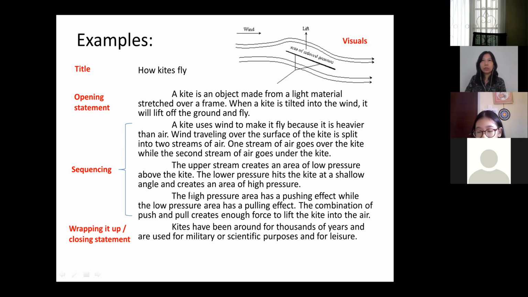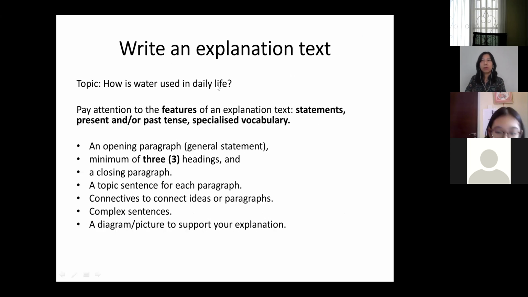Now, what I want you to do: you are going to write an explanation text. Everybody, you have to write this down on a new page. At least when you are writing the text, you have to write it on a new page, so when you take a picture, you can just take a picture of the whole page to send it to me.